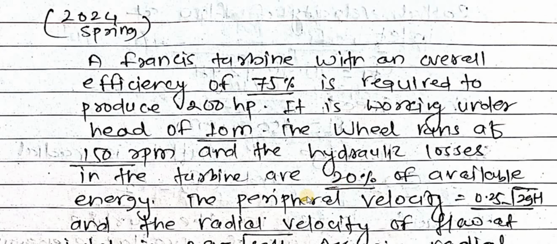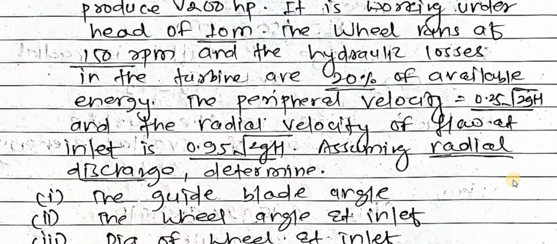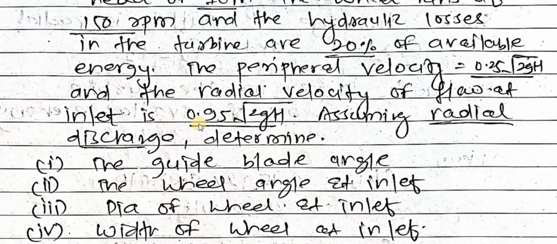The peripheral velocity is equal to 0.25 root 2gH and the radial velocity of flow at inlet is 0.95 root 2gH. Assume radial discharge.